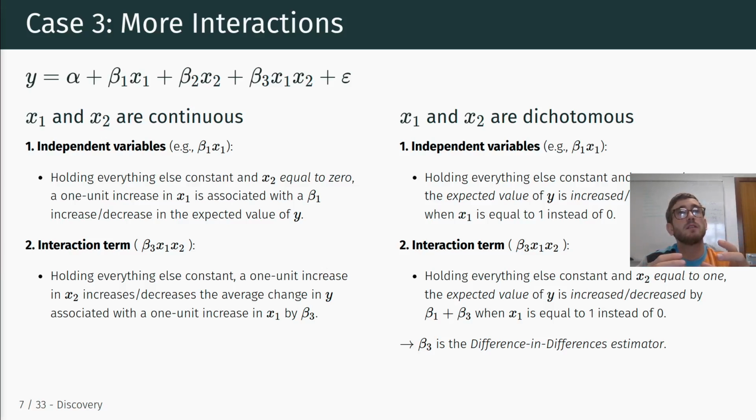We talked about this minimum wage increase example where we had two different states. One increased the minimum wage and one didn't, and we had four different measurements, right? One pre minimum wage increase, one post, in two states. I think it was New Jersey and Pennsylvania.